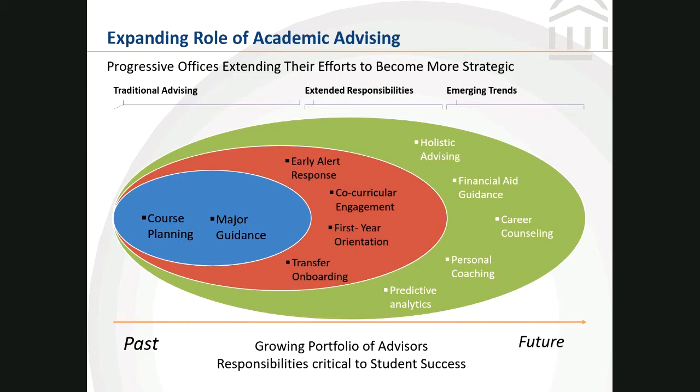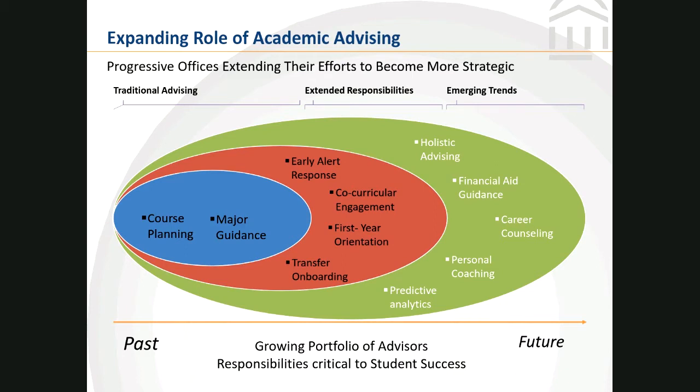And also, there's often this idea of boutique programming, which is, again, these small specializations that can be expensive. And so by cross-training advisors and keeping their caseloads low, around 300 to 1, we start to see a more robust advising model, and students are getting what they need, or a good chunk of what they need, from their assigned academic advisor.